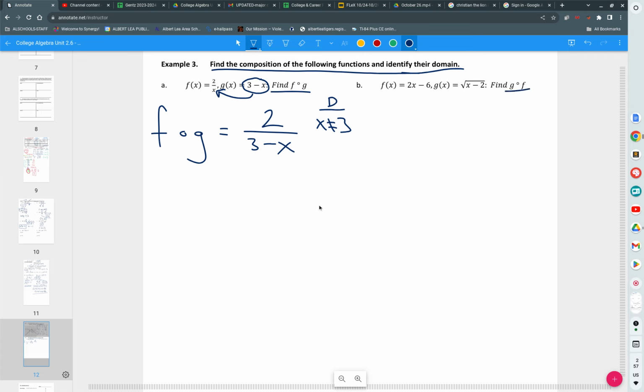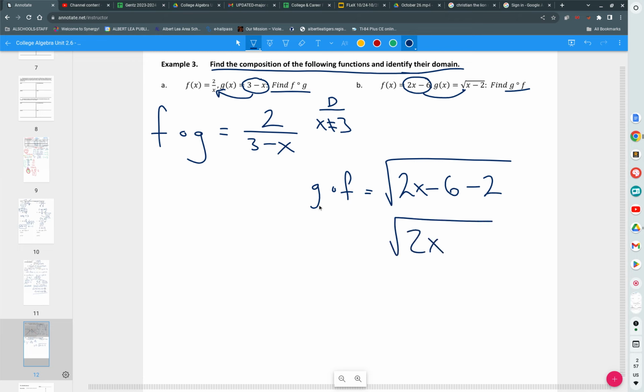Okay. The last one, we're going to compose g of f. Notice how we have f, and now we're going to dump it in for g. And that becomes the square root of 2x minus 6 minus 2. You can combine those terms together, so we have the square root of 2x minus 8.